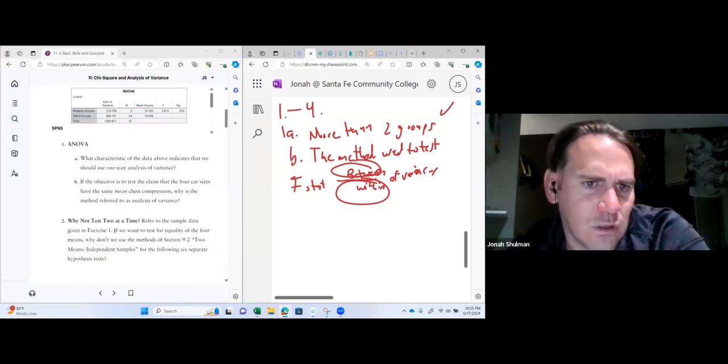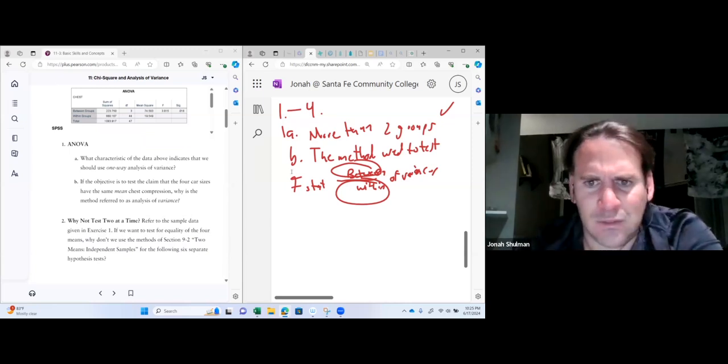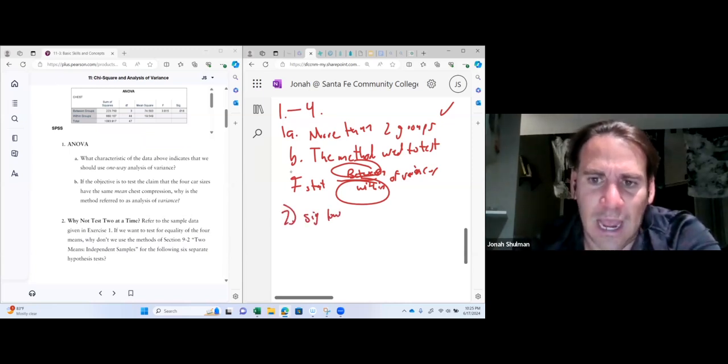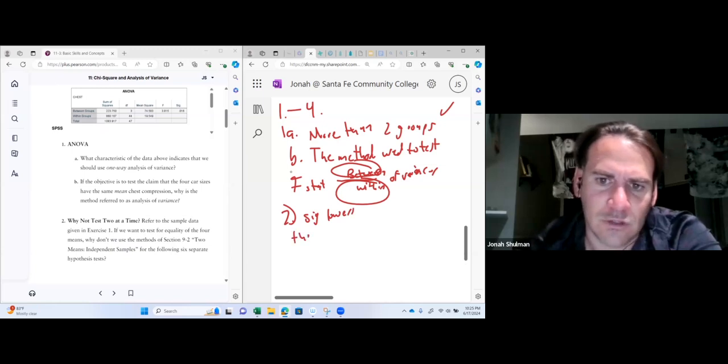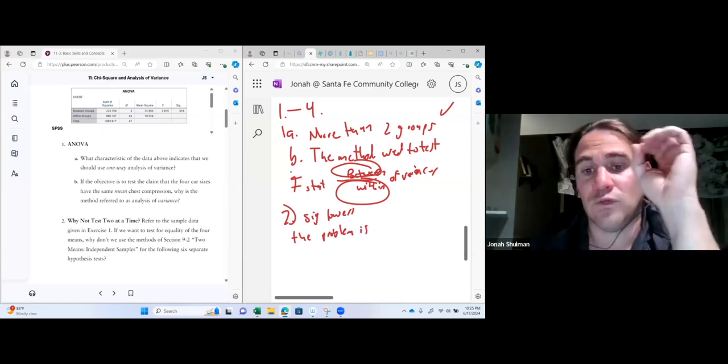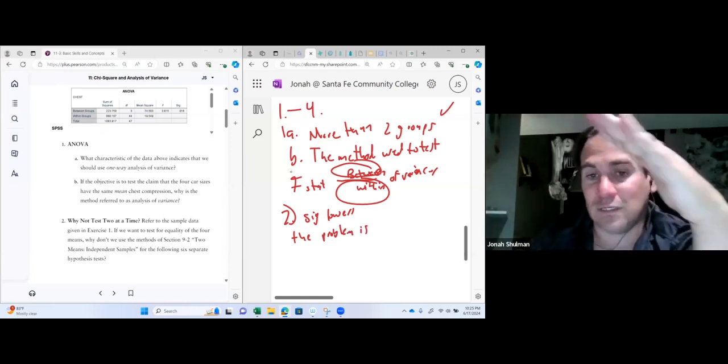Let's go to two. Why not test two at a time? They say that it makes the significance lower. I think the problem is you can't see main effects, possible interactions. They're saying that if you keep doing these tests over and over again, the significance keeps falling.